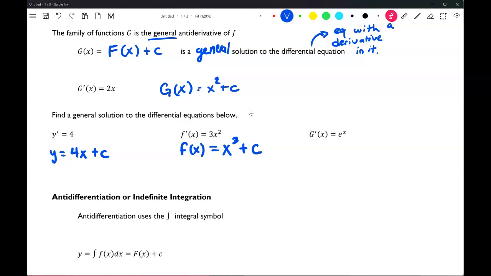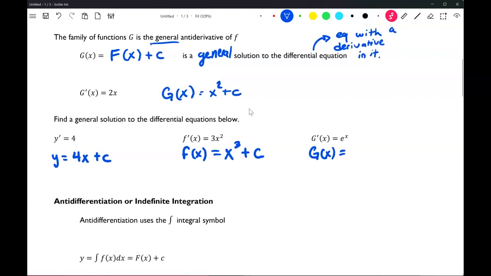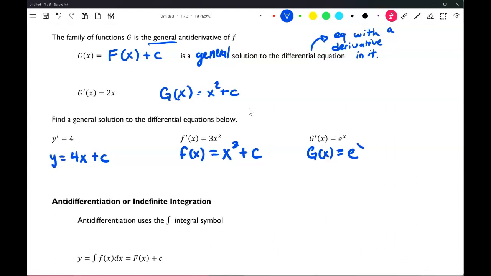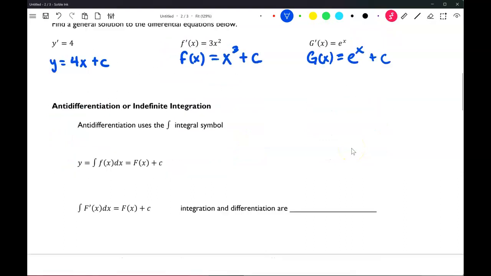Because when we take the derivative of x cubed, we get 3 down in front, x squared, plus the derivative of a constant, which is 0. And then the antiderivative of e to the x, well, that's an easy one. It's always just e to the x because its derivative is e to the x. We can't forget our constant.